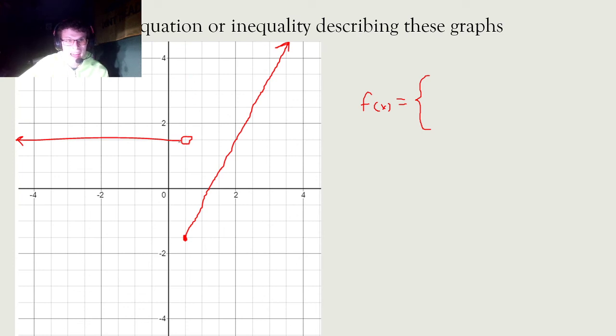Anything less than 1 is equal to 3. My y is equal to 3, or my output is 3, if my input, which is x, is less than 1. Okay? All right, now let's figure out my second one.